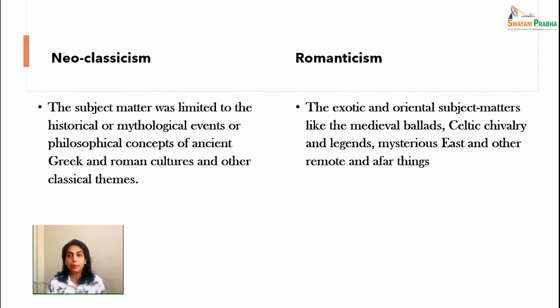Whereas among the Romantics, exotic and Oriental subject matters were very common and popular: the medieval ballads, Celtic chivalry and legends, the mysterious East, and other remote and far-off things. Remote not just in space, but also in time. That is, longing and yearning for the past were popular themes among them.